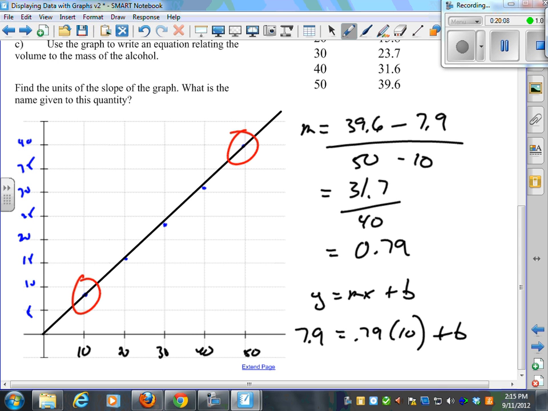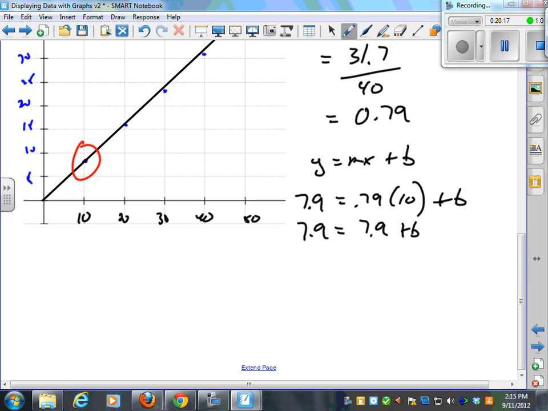Solve for b. What's 0.79 times 10? And so what's my b value equal to? Should it not be 0? Yeah. What if I got 0.1? Would that be okay? Absolutely, it's okay, right? It should be 0, but 0.1 is okay because it's science and things don't work out perfectly, right?